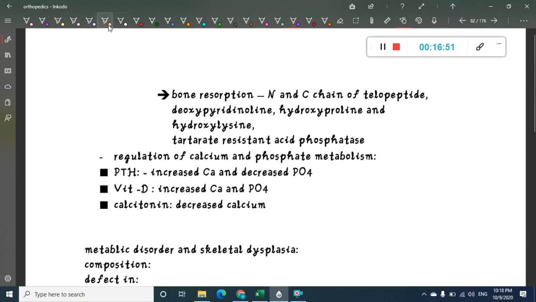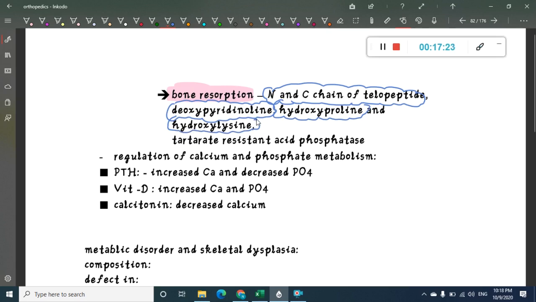Next, what are the markers of bone resorption? Markers of bone resorption include the N and C chain of telopeptide, deoxypyridinoline, hydroxyproline and hydroxylysine, and also tartrate resistant acid phosphatase. So these are the ones which you see in bone resorption.